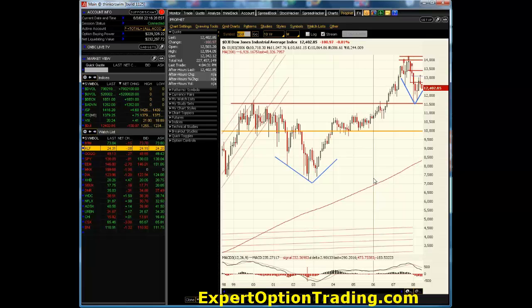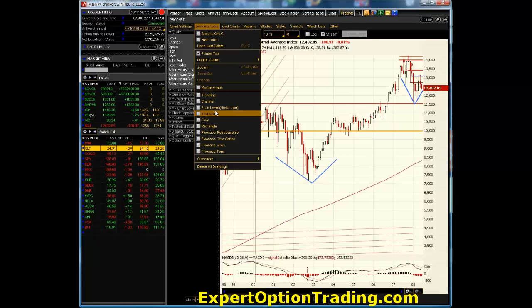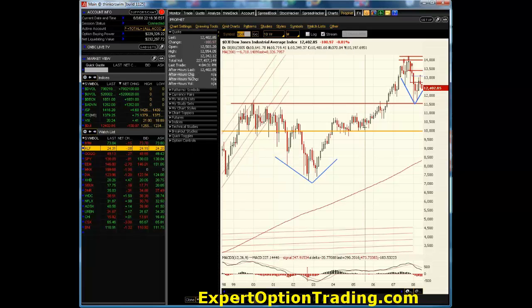I like to take a look at channels, especially long-term channels. The way I do that is I simply go into my drawing tools and highlight channel here. The way I place my channels is basically taking a look at these high points and seeing where they line up with any low points previous to that.